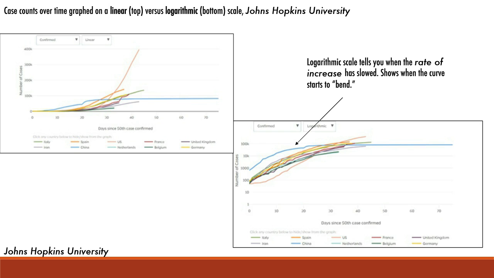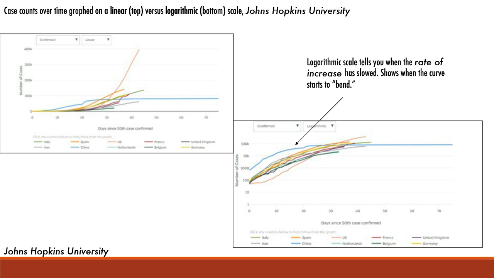If you graph things on a logarithmic scale, that tells you something about the rate of growth. If you have a straight line, that would mean that there is a constant rate of growth for the virus. If you have a line that curves upward, as this bottom orange line, this is the US at the beginning of the pandemic, you can see that it's curving upwards. That means the growth rate of the virus is increasing with time.